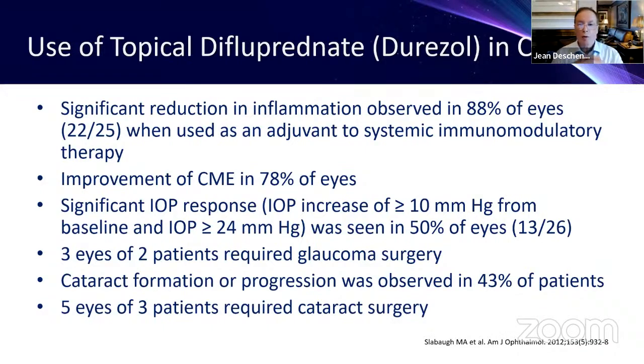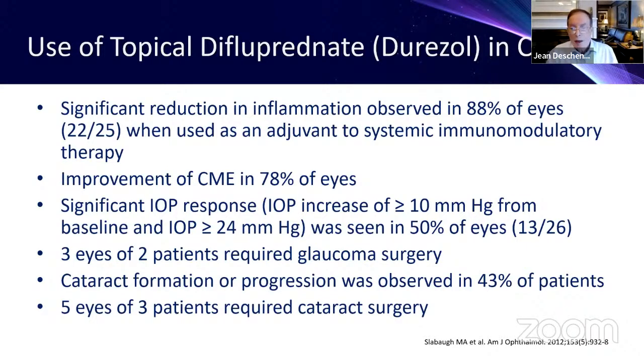It's a very good medication but you have to follow the patient carefully. It's an adjuvant again, and it really does help as an adjuvant to decrease the CME. If you use that long term, you could end up needing glaucoma surgery in those patients.